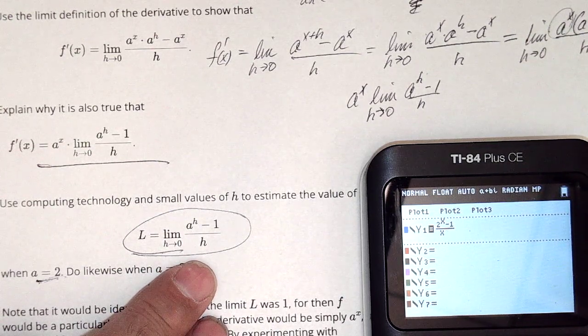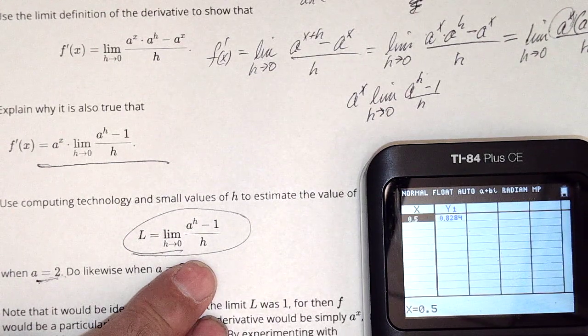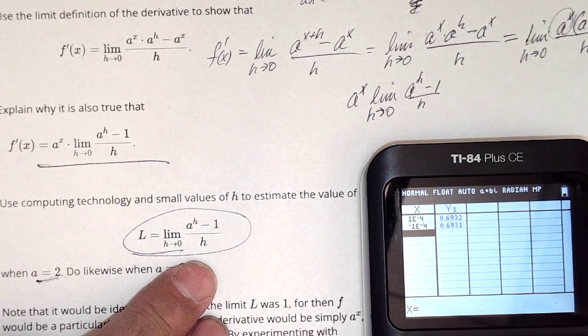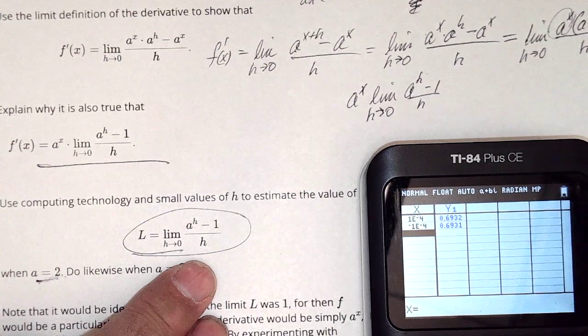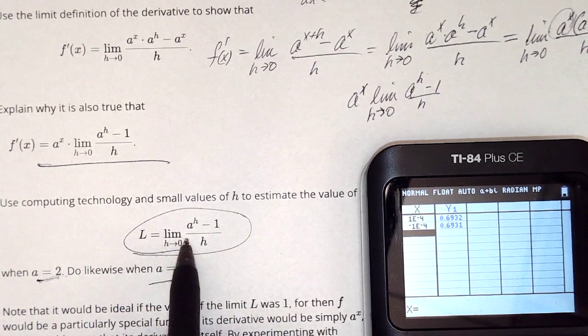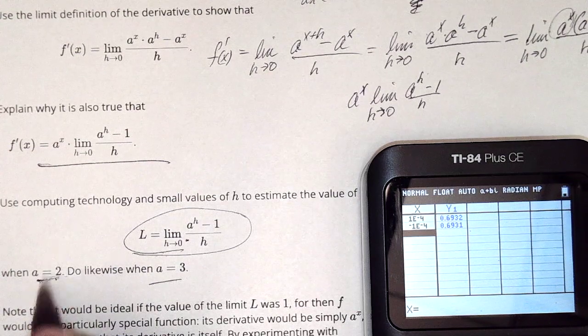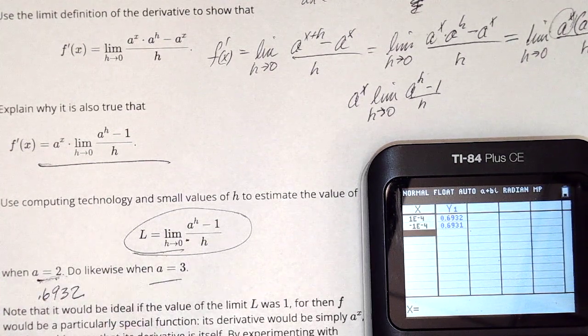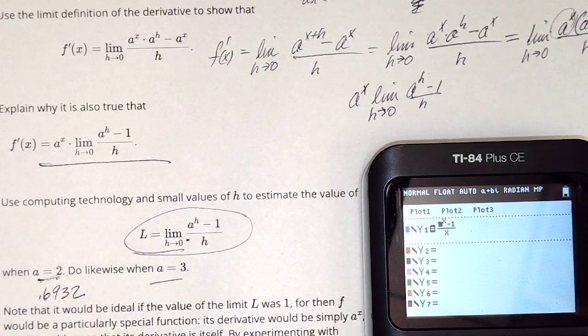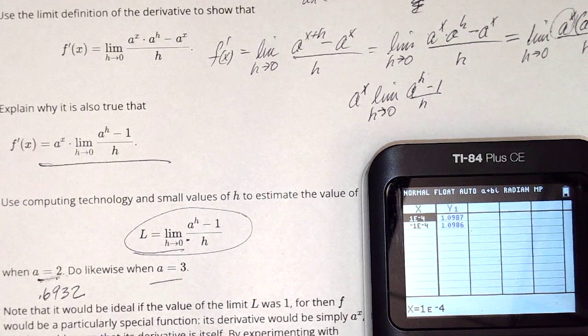And we're letting x go close to 0, so we go to second table and go point and negative point. And it looks like we're getting, at 2, 0.6932-ish.